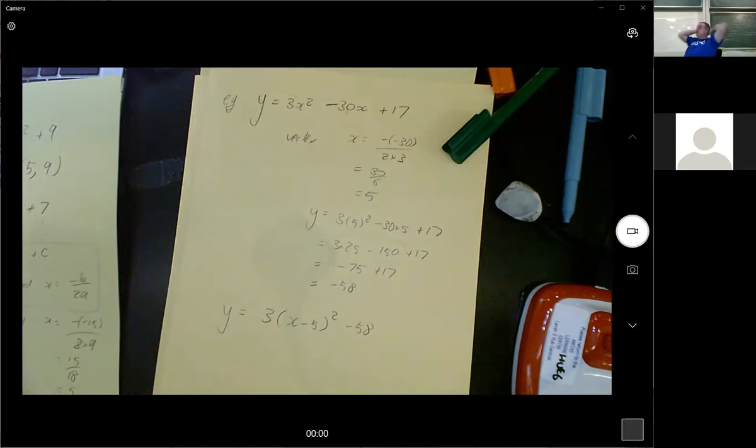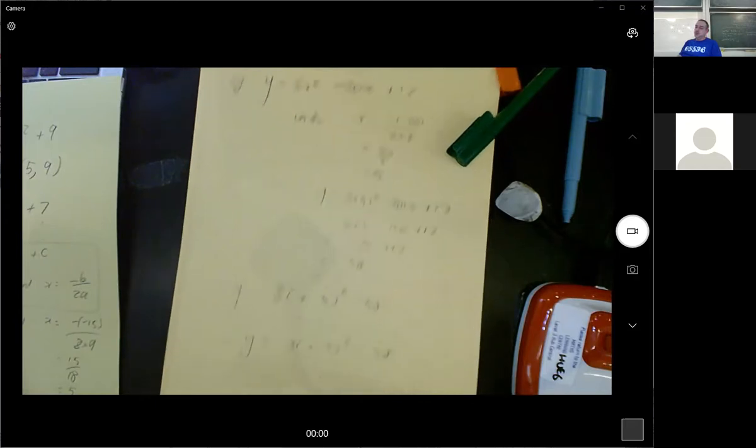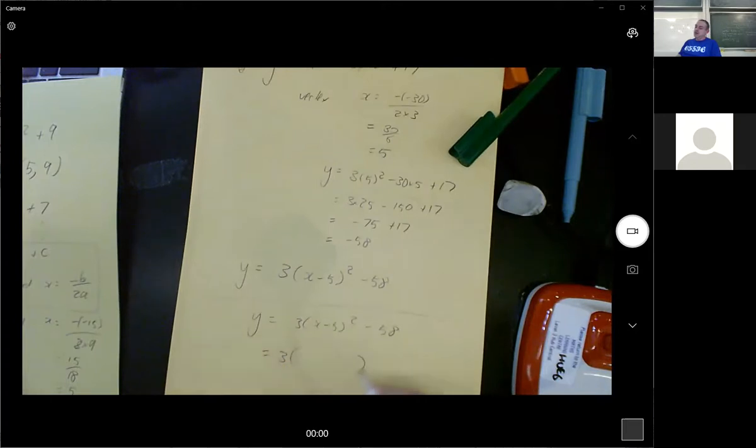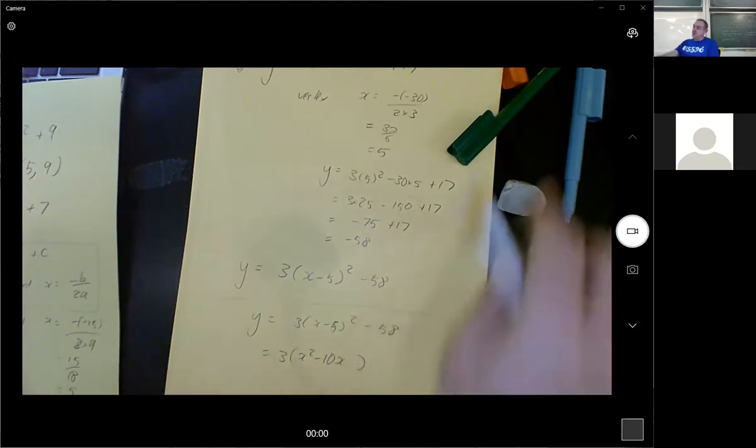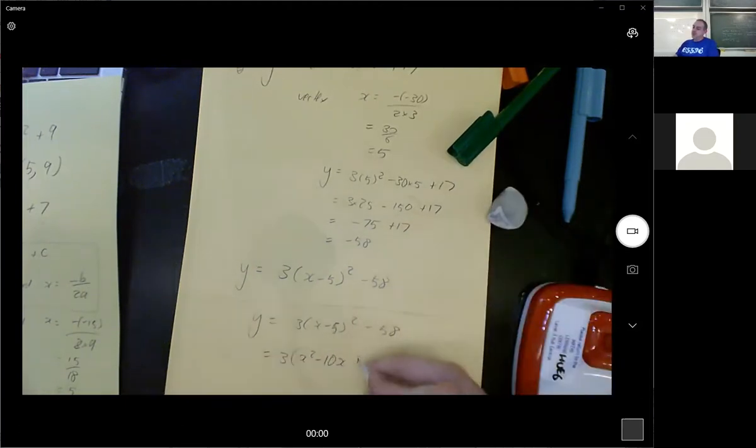What did you say was from vertex to standard form? Expand it out. So if I wanted to go back to standard form just to make sure I was right, then x minus 5 all squared would be x squared minus 2 times 5 x, and then plus 5 squared. That's how to expand out a square.